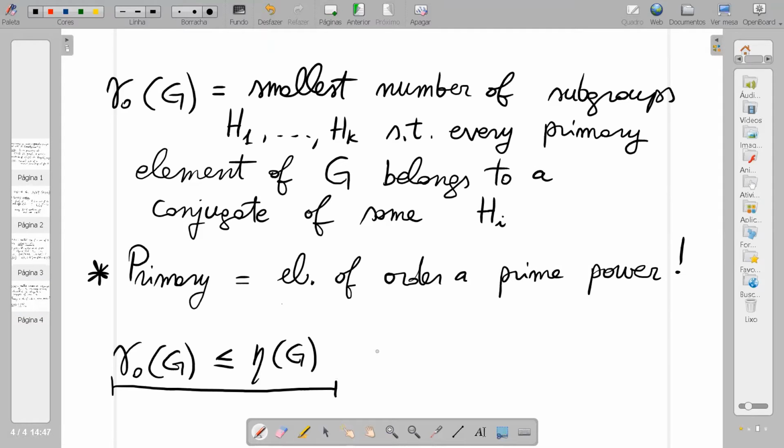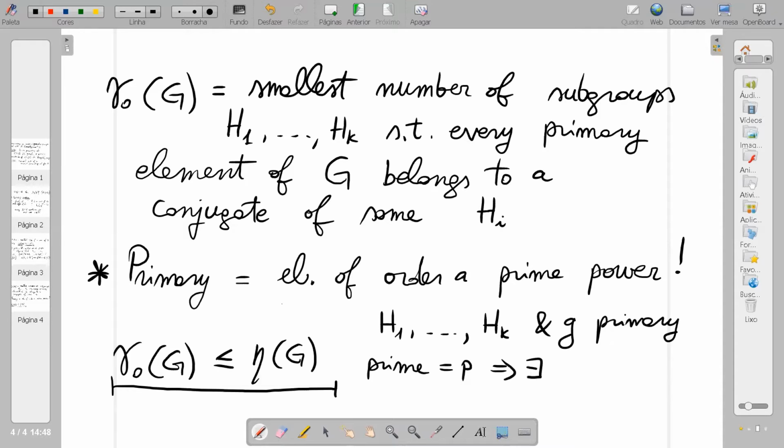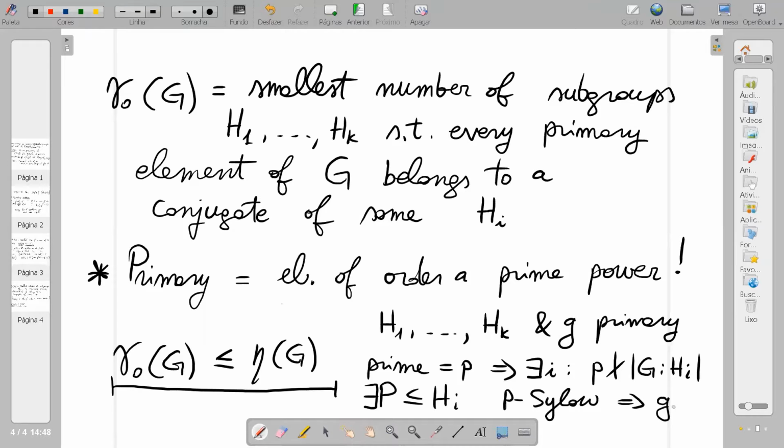So if you have H1 up to HK that have global coprime index, and you take a primary element g, let's call the prime P, then find an i with P not dividing the index, and then inside Hi there is a Sylow P-subgroup, and g belongs to a conjugate of it, P to some x, which is contained in a conjugate.